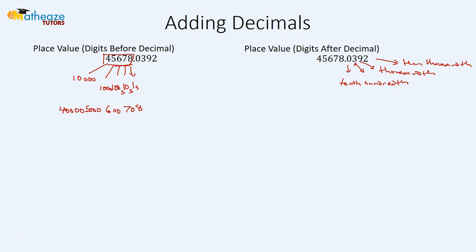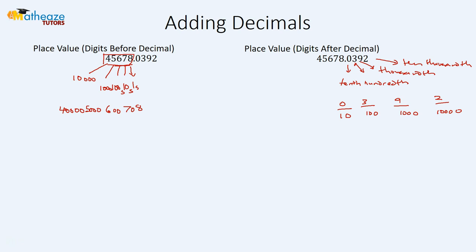So 0 will be written as 0 over 10. The th just means that that number is going to be in the denominator. So tenth, so we are going to have a 10 in the denominator. Now the hundredth is 3 over 100. The thousandth is 9 over 1000, and the 10,000th is 2 over 10,000.